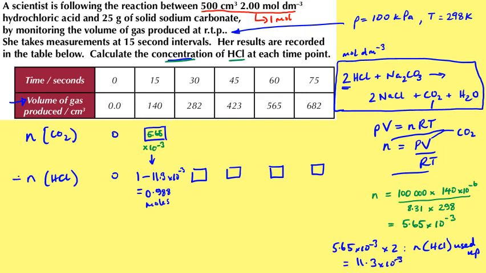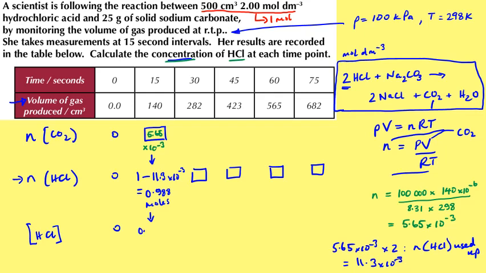So we have moles of hydrochloric acid, but we want concentration of hydrochloric acid at each time point. And so we have to convert our moles into concentration, and so we just divide it by the volume that we have.